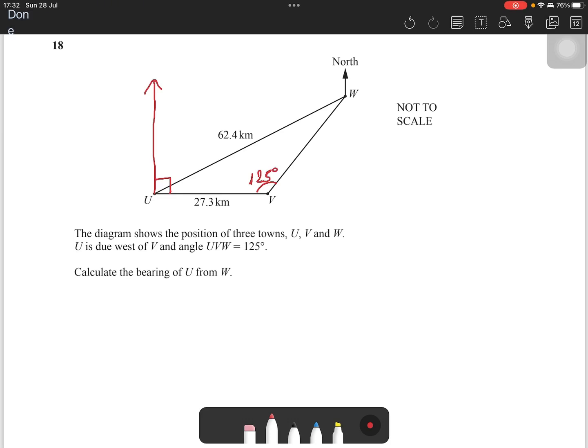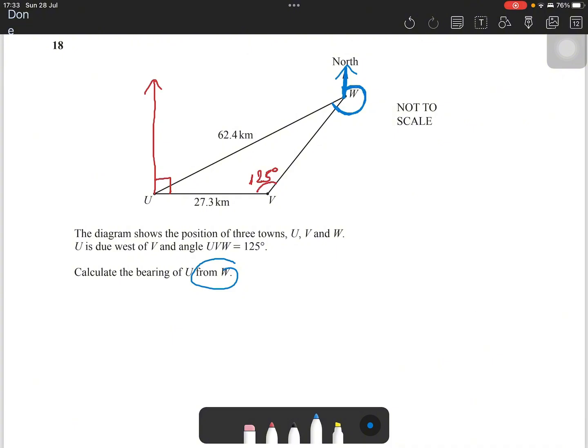Calculate the bearing of U from W. The bearing of U from W means we start from W and move clockwise until we touch the line WU. This blue angle is the bearing of U from W.